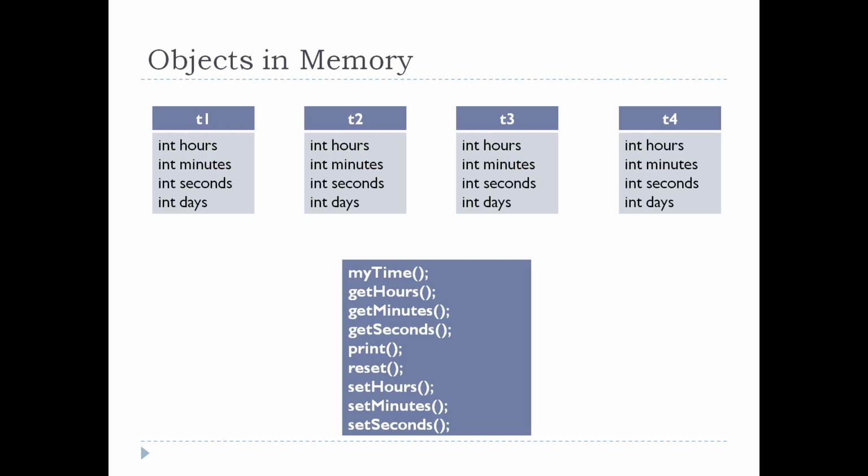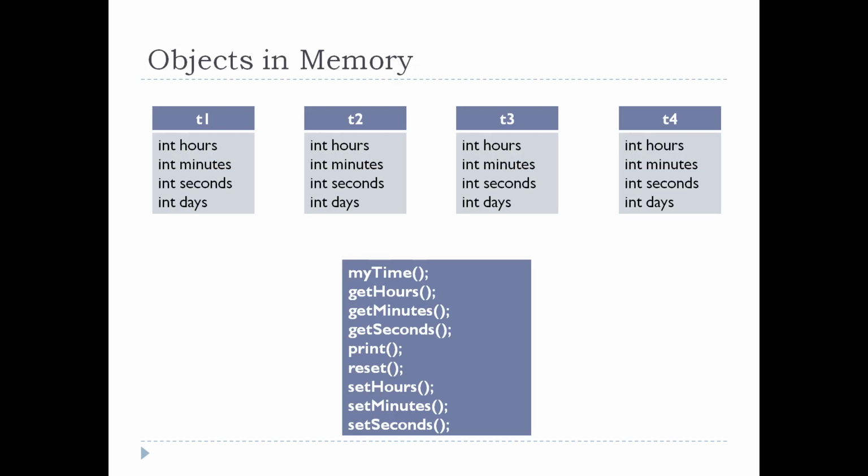Each object will have the same number of attributes, but those attributes can have different values. So in order to be able to store those different values, we need to have different memory locations for each object where those attributes can be stored. This makes complete sense.